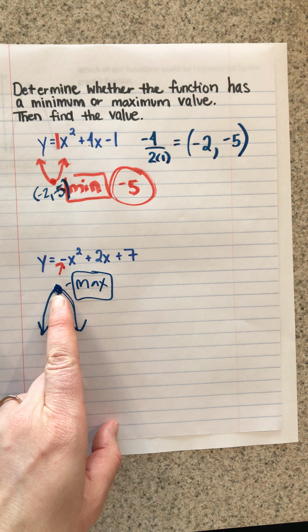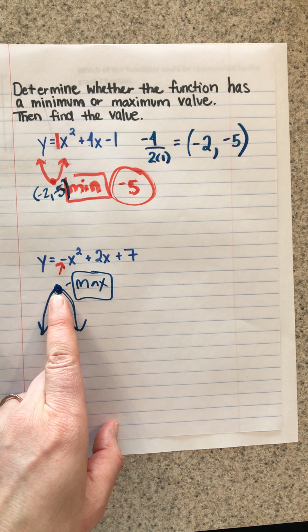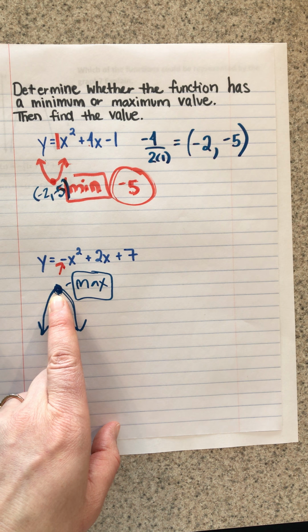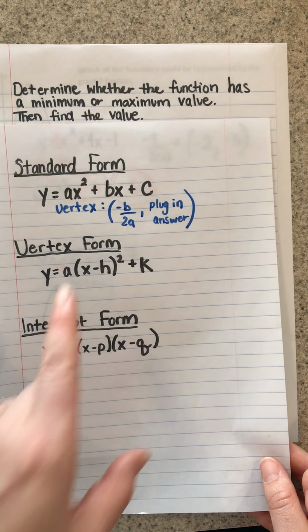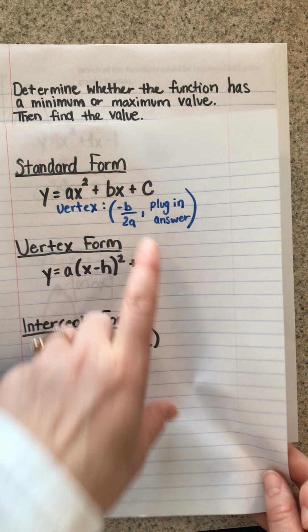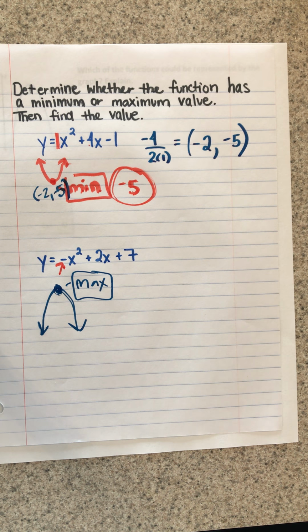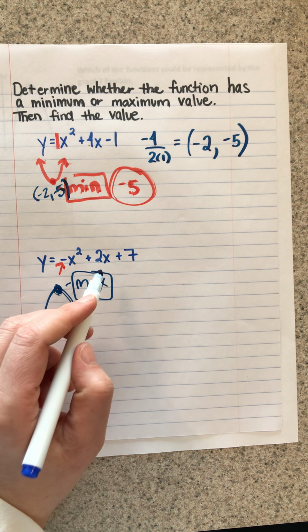Now I need to find that maximum value. So again, I need to find the vertex here. Since this quadratic function is in standard form, again, I can just use this -b over 2a to find the vertex. My b is a 2.